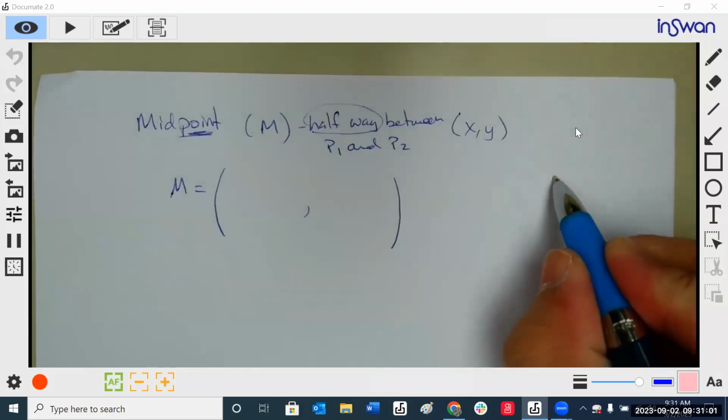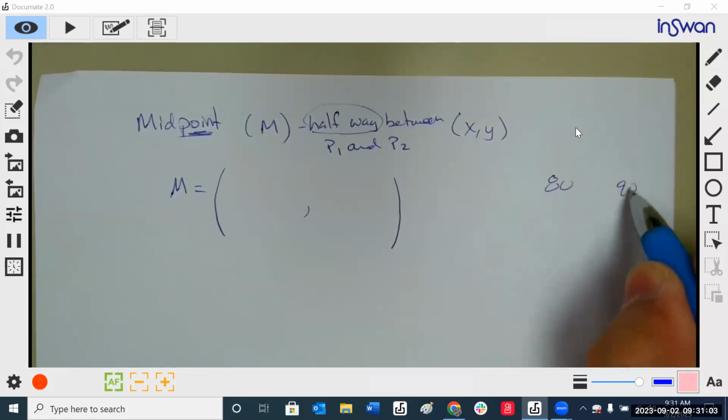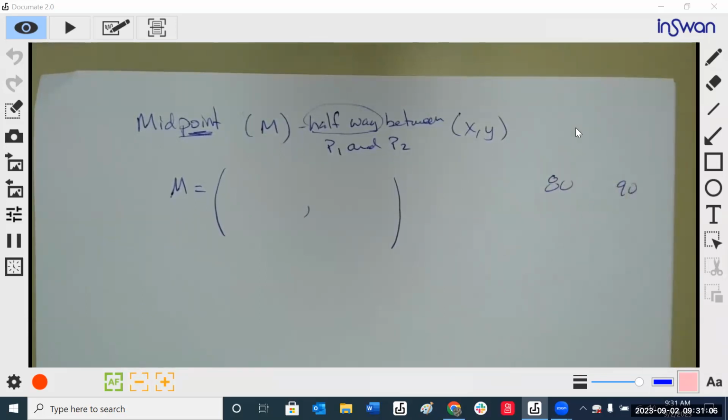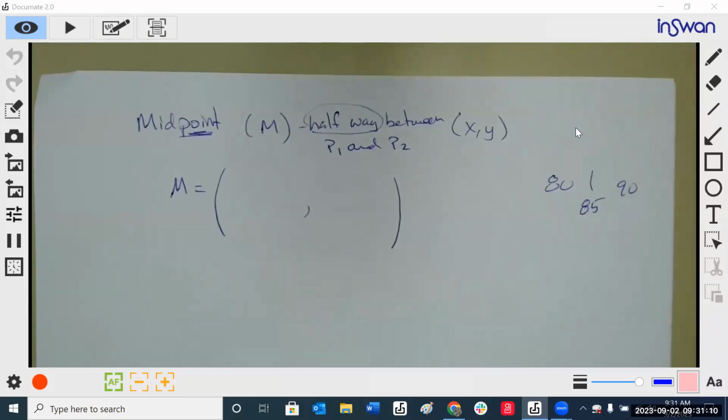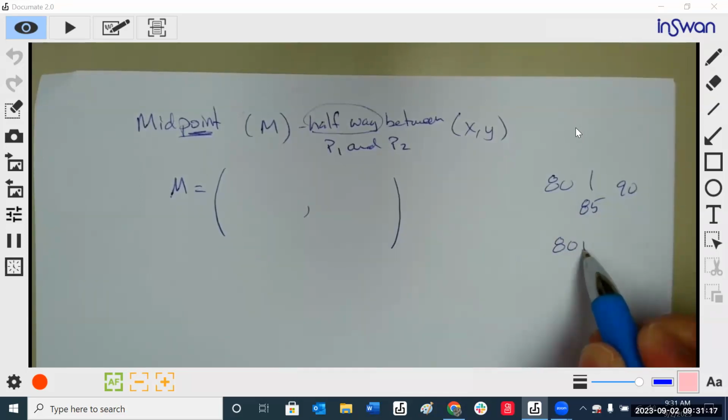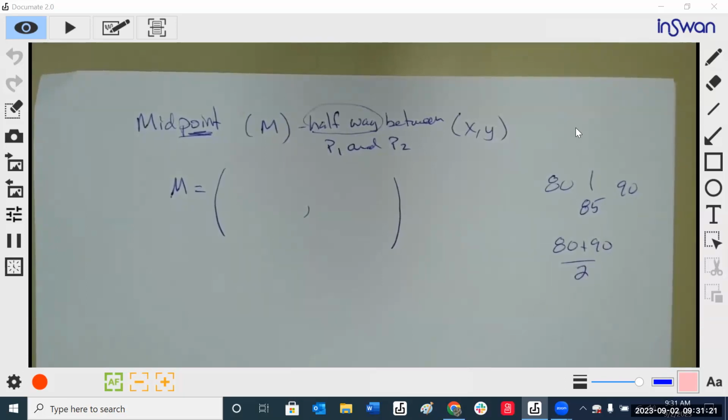Now, what if I had the numbers 80 and 90? What number is halfway between there? How do I find 85? Very good. Add the two numbers and divide by 2. That's the same way you figure out the average of your grades.